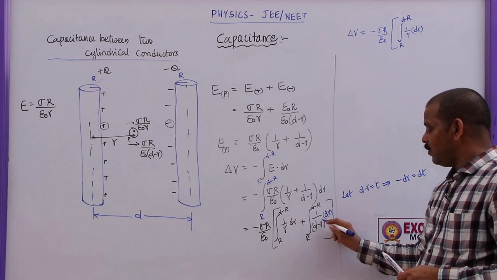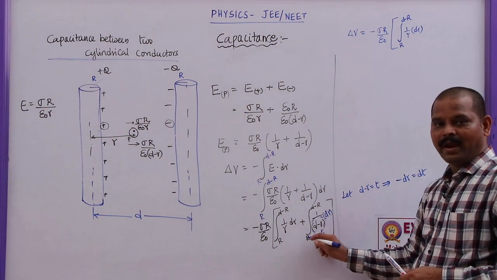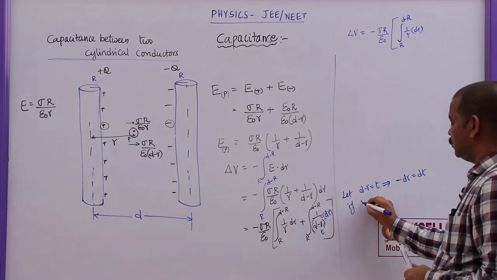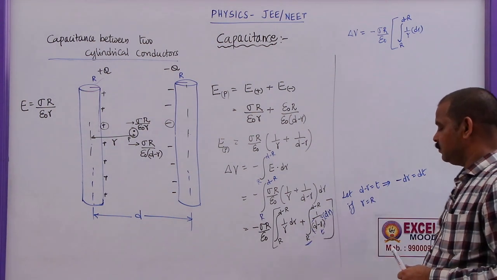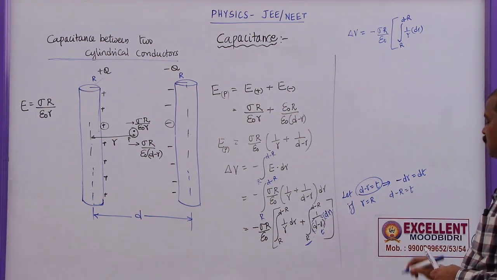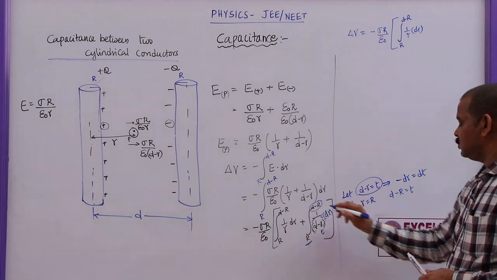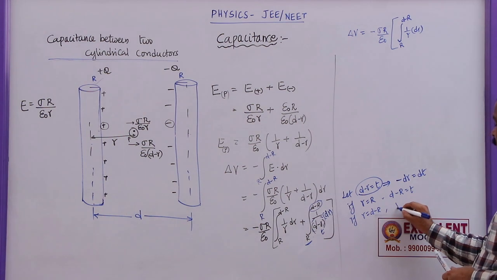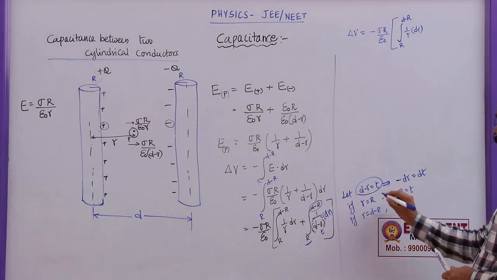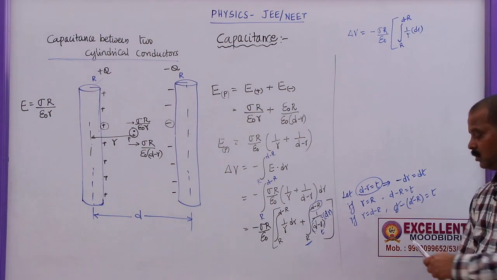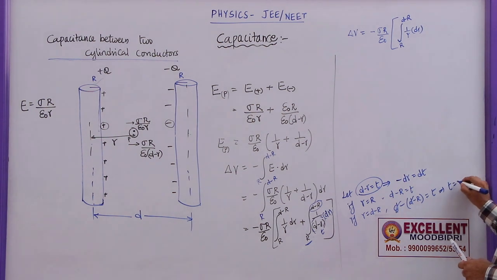Similarly, the limits must now be written in terms of t, not in terms of r. If small r is equal to capital R, then d minus R equals t. Similarly, if small r is equal to d minus R, then t is d minus, in place of small r, d minus R; d minus d cancels, minus of minus is plus, so t will become capital R.